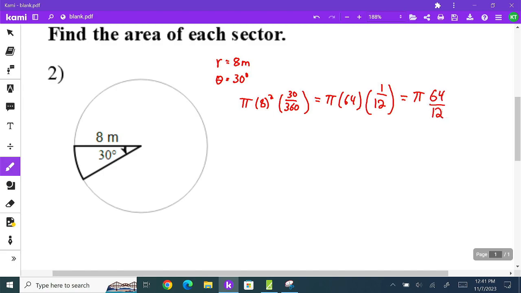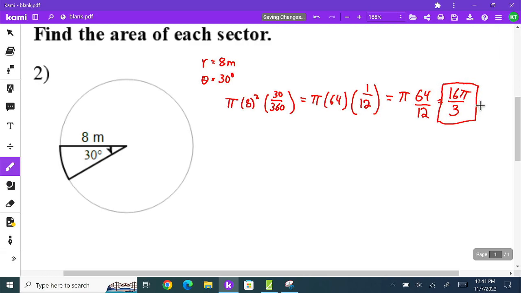If I go ahead and divide 64 by 4, I will get 16. So I'll have 16, and 12 divided by 4 is 3. So I'll have 16 pi over 3. And so that would be the area of my sector, 16 pi over 3. Your unit would be meters squared.